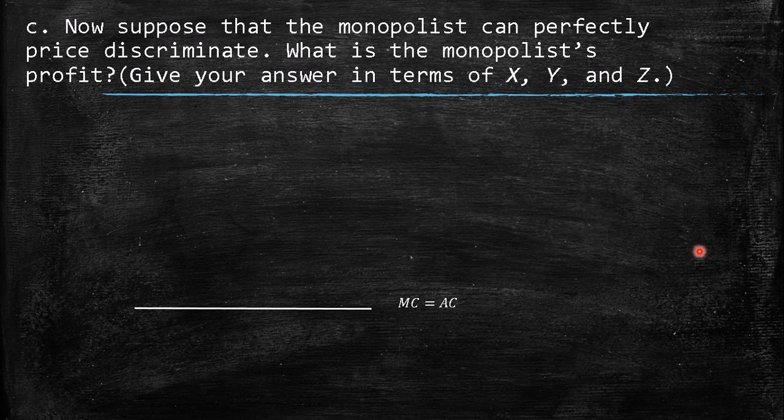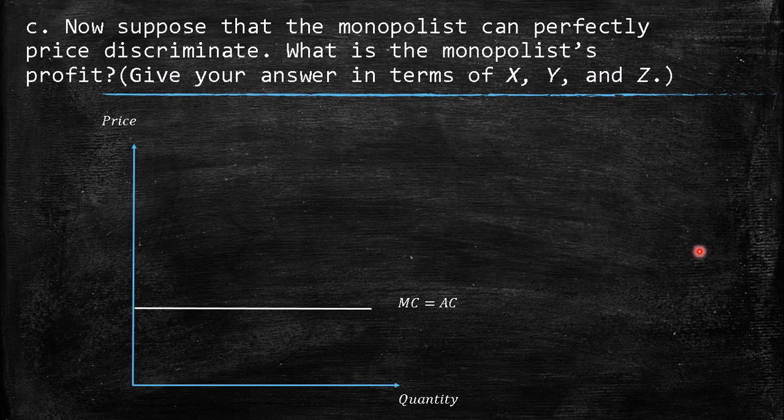Next question says, now suppose that the monopolist can perfectly price discriminate. What is the monopolist's profit? So if they can perfectly discriminate, remember the principle that when you discriminate, you are going to take all the willingness to pay of each consumer.